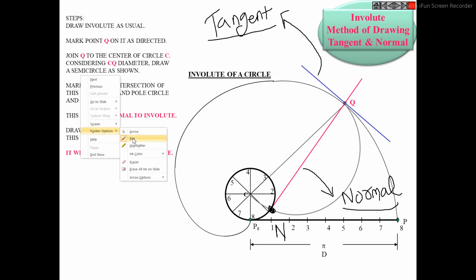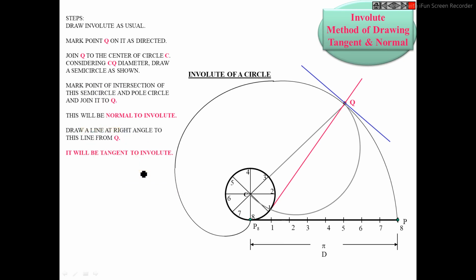No, sir. Okay. And regarding the use of pencil, the final involute plus normal plus tangent will be drawn with HB pencil. That means this one you need to draw by HB pencil, this normal you need to draw by HB pencil, and this tangent you need to draw by HB pencil.